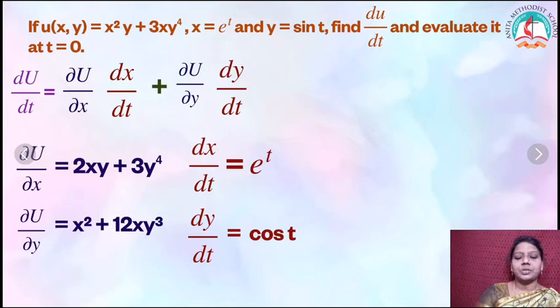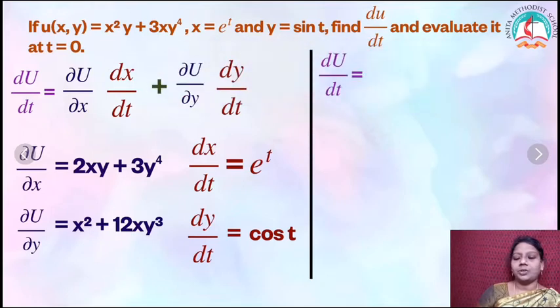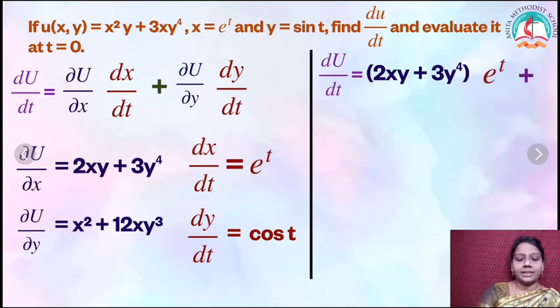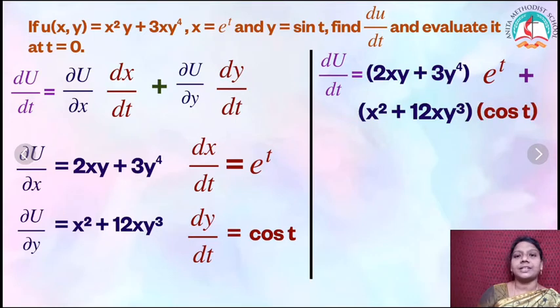Now we are going to substitute all these things here. So if I am substituting that, then du by dt is equal to, I am just carrying all these things, just a multiplication, plus the multiplication of these two. So this is called the differentials in function of function rule.